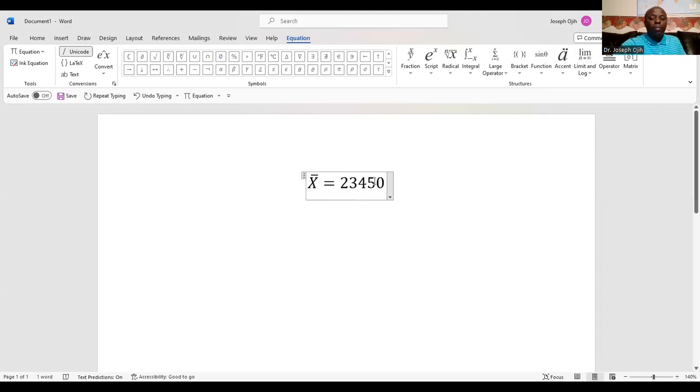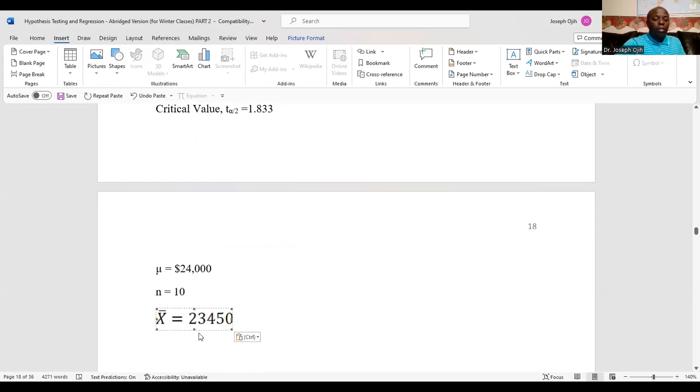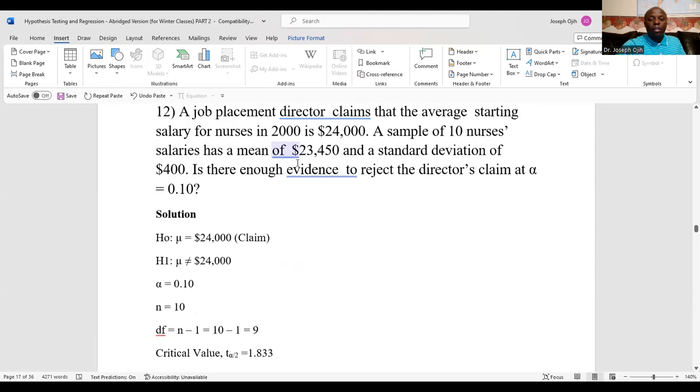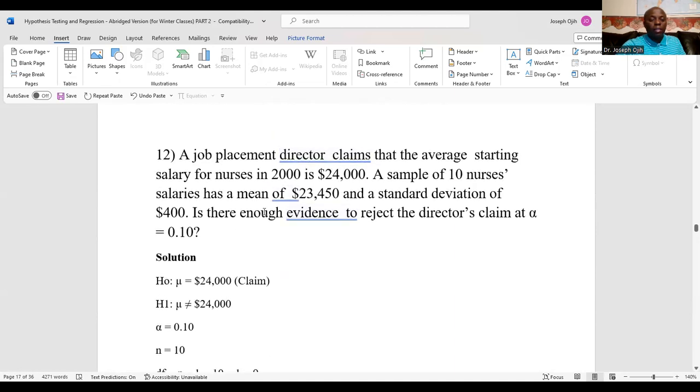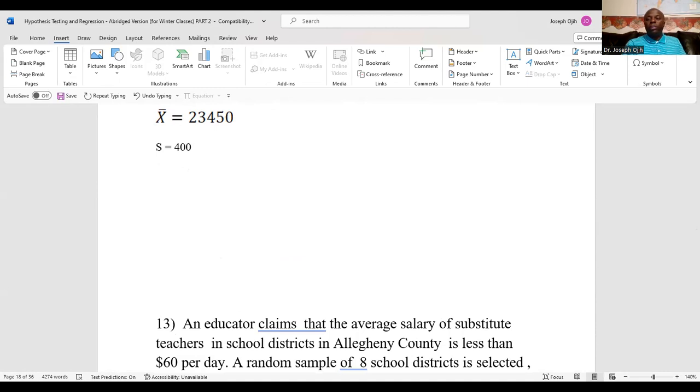Okay, so I'm going to copy it and paste it here in the right place. 23,450. Then the standard deviation. Now, because we are using a sample of 10 nurses, the sample standard deviation is $400, so S equals $400.